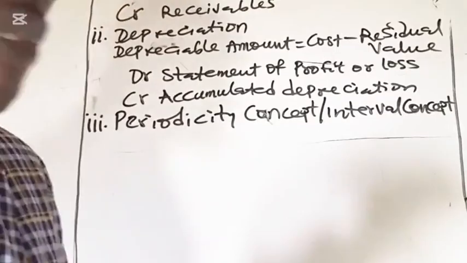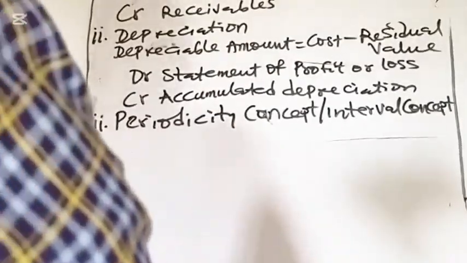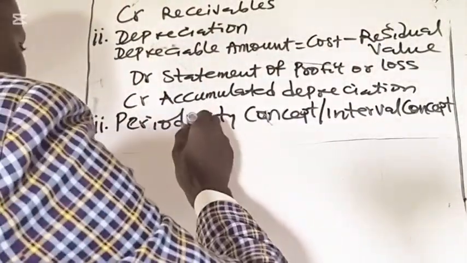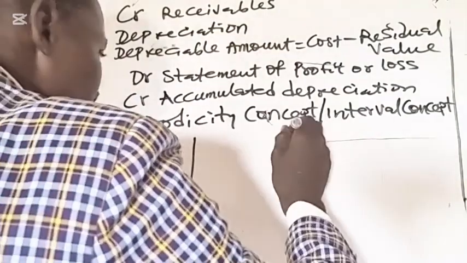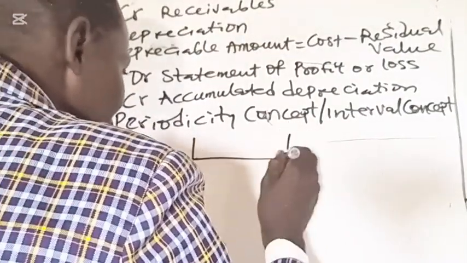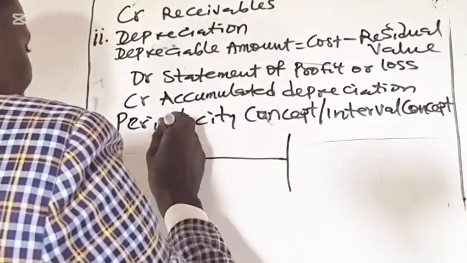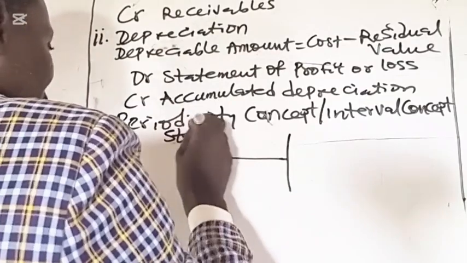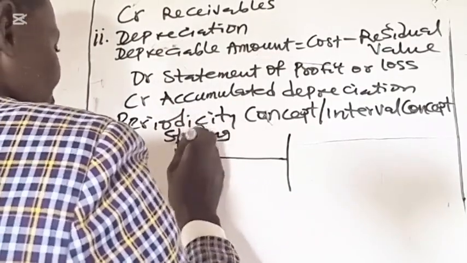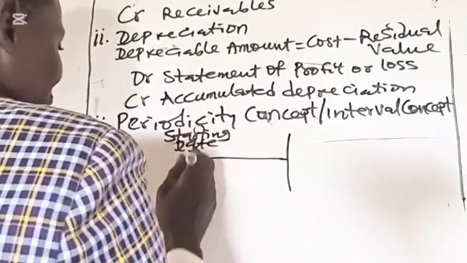So if you want to prepare the financial statement, the accounting period will run from one period and it will end in another period. Now, let's assume this is the accounting period. This line is the starting date.